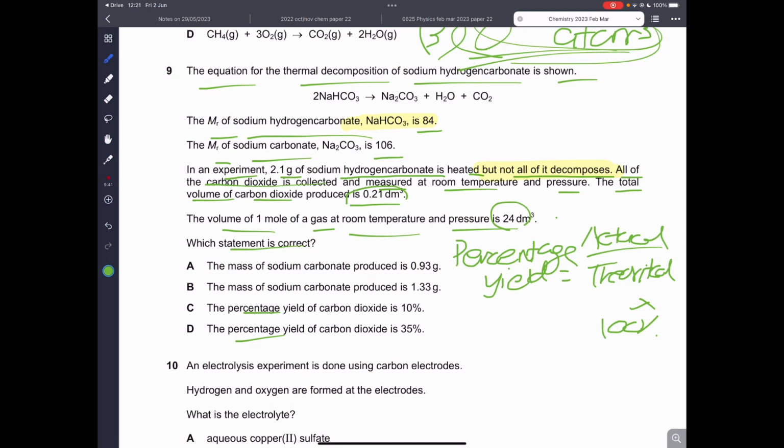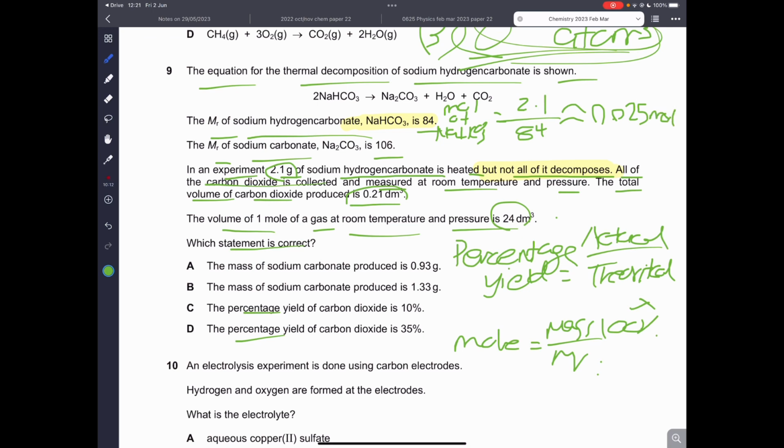Remember, mole is equal to mass over Mr. So the mole of NaHCO3 is going to be, remember the mass is 2.1, and the 84 is the Mr. So it's going to be 0.025 mole.